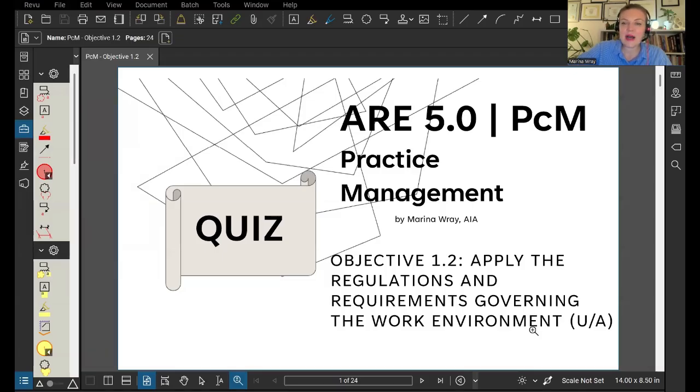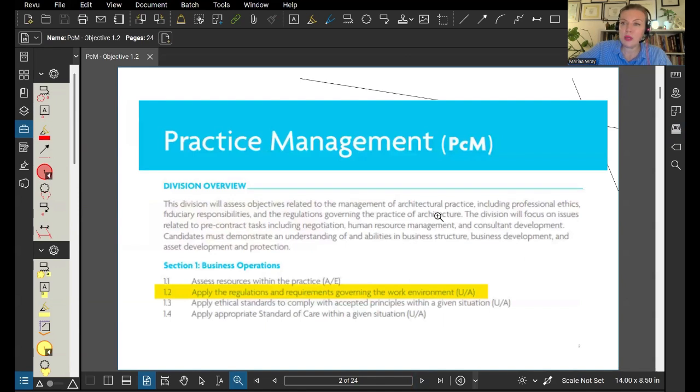All right, so I'm sharing my screen with you, and we'll go through just the practice questions, right? So before we do that, I always recommend to go to the NCARB guidelines, and you can find the most up-to-date guidelines on the ncarb.org website.